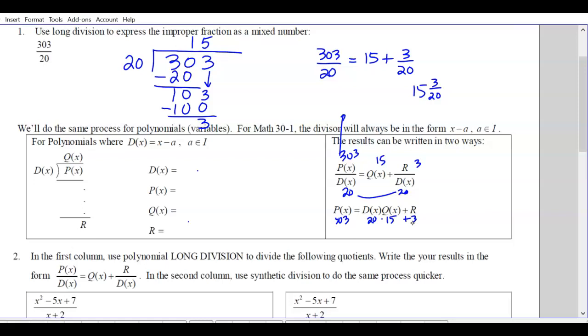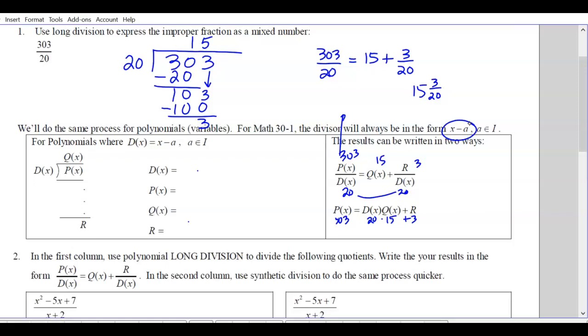Now, in regular math 30-1, we'll keep it to just dividing by x minus a, but you're in IB, so we will look at some where we might have a coefficient in front of x in a few minutes. So, what we do here, divisor goes outside just like a number, polynomial goes inside just like the numerator.